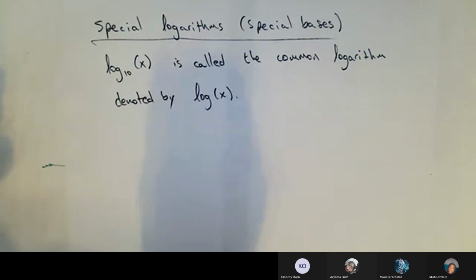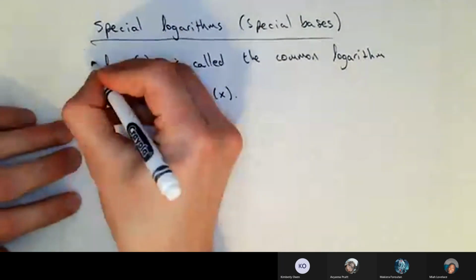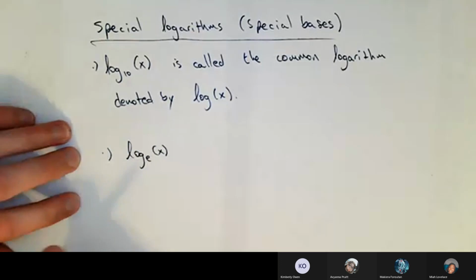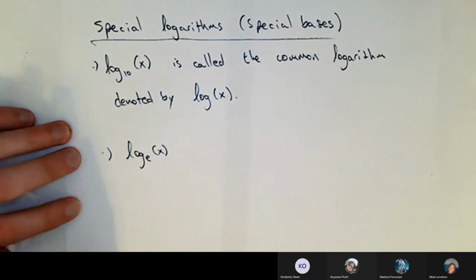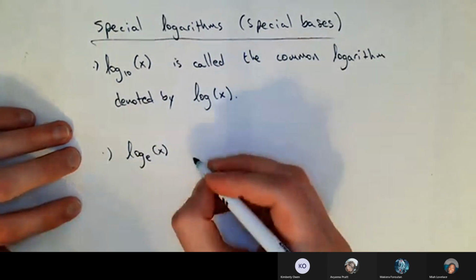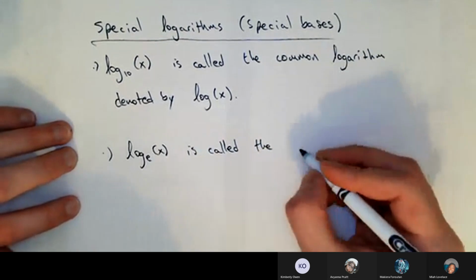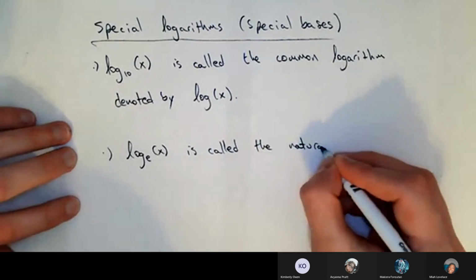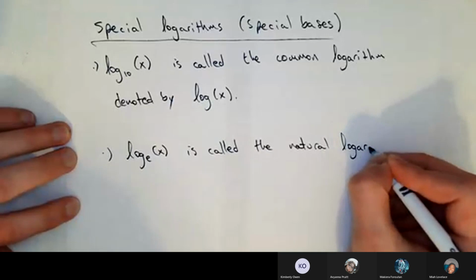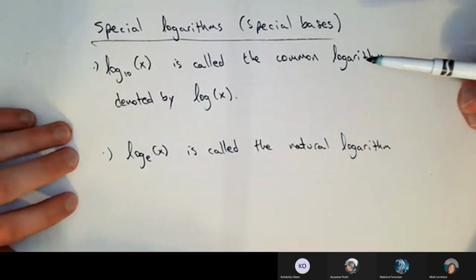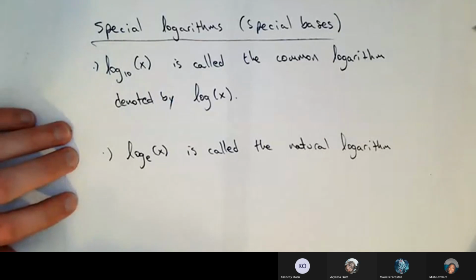Okay, the other special log is the log of base e of x. This one is very, very important. Just as important as the exponential function is, the log with base e is equally as important. So log base e of x is called the natural logarithm. Just like I may have used the terminology, the natural exponential function, for the e to the x thing.